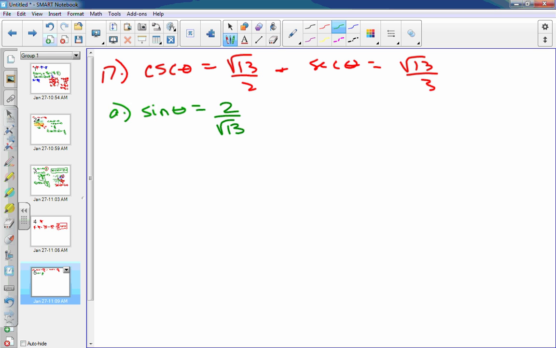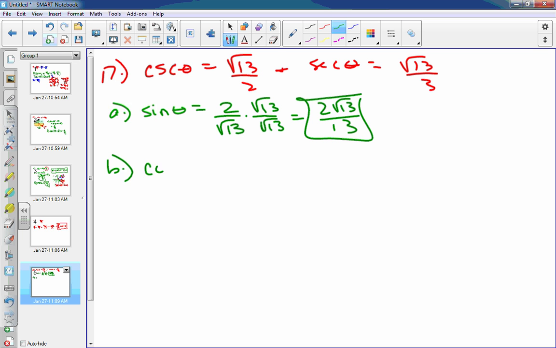2 over the square root of 13, rationalizing that, gives me 2 square roots of 13 over 13, yes? Letter B, what's the cosine? So 3 over the square root of 13, which is going to be 3 square roots of 13 over 13.